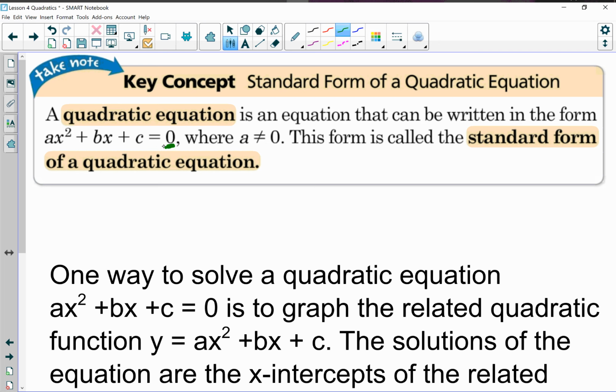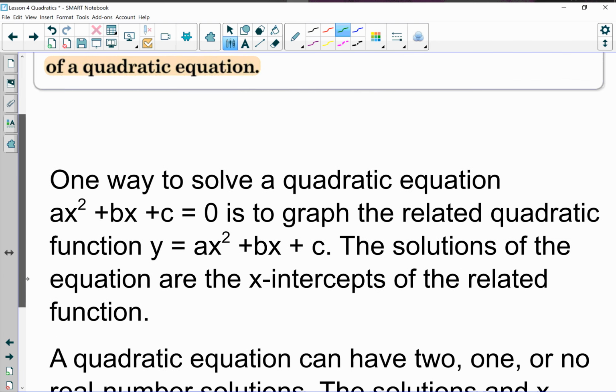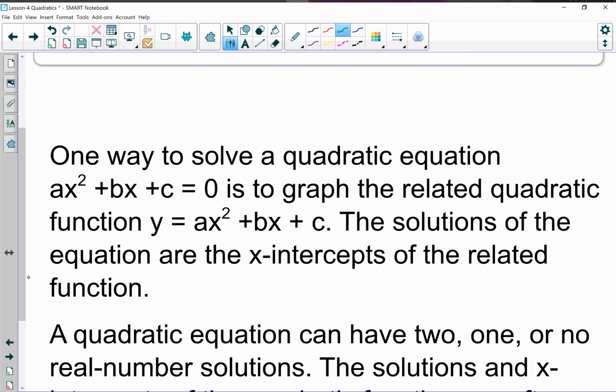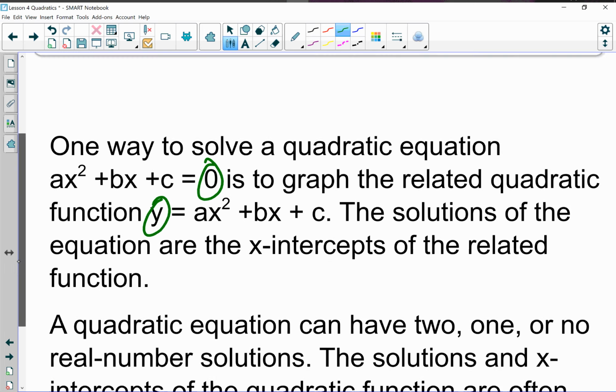And so that's a standard form when it's set equal to 0, because normally it's just set equal to y. But we're going to have to set it equal to 0 because we want our y to be 0. Okay, and so one way to solve them is letting this 0 just be y, because that's what we want. And then we just graph them just like we have been graphing.